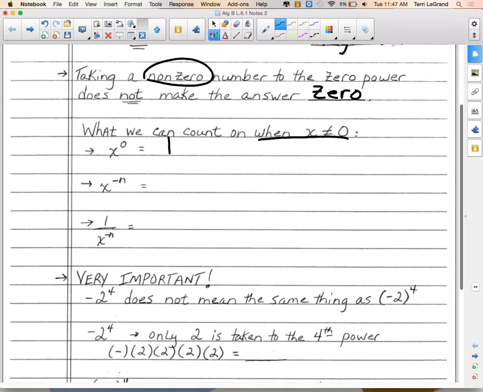In fact, let's try some of them. Let's take a positive number. Let's take 4 to the 0 power on your calculator.